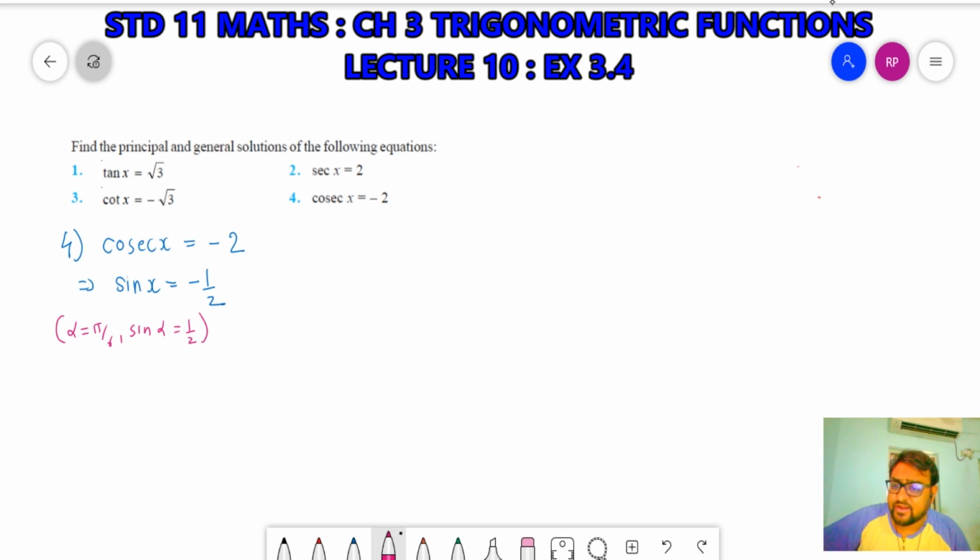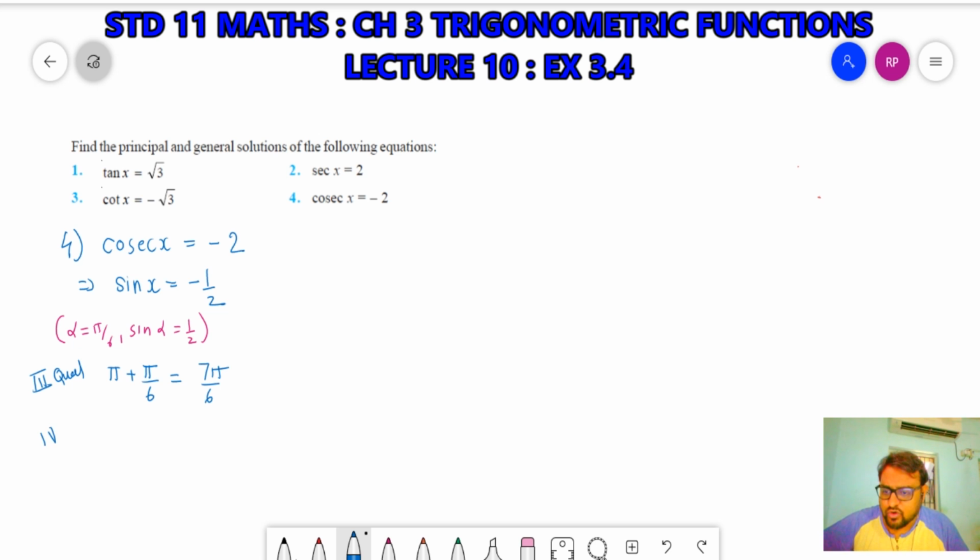In which quadrant is sine negative? Sine is negative in the third quadrant and the fourth quadrant. For the third quadrant, I will use pi plus alpha, that is pi plus pi by 6, which equals 7 pi by 6.